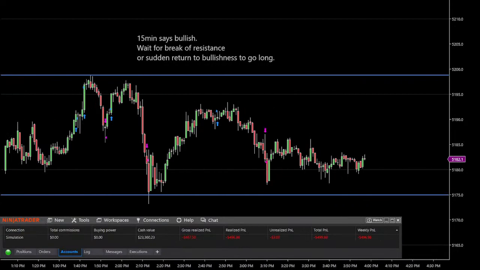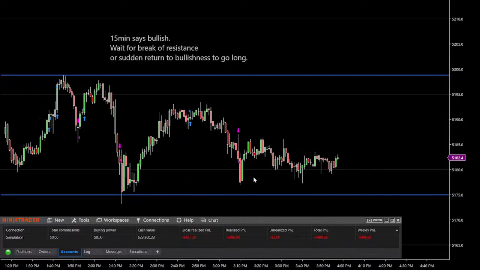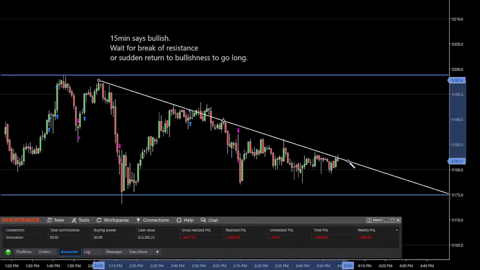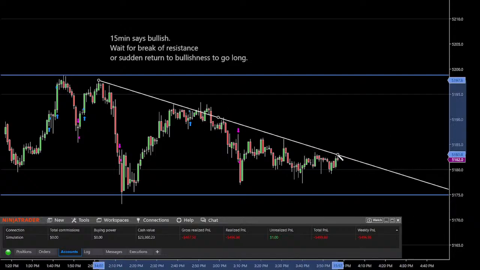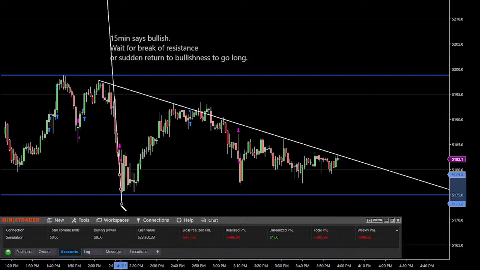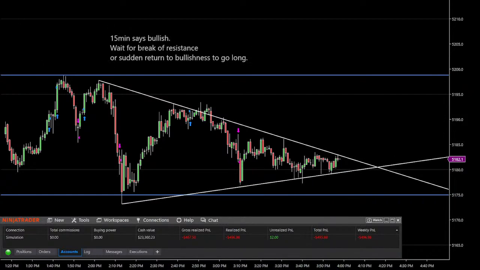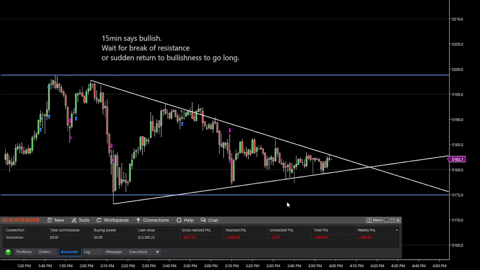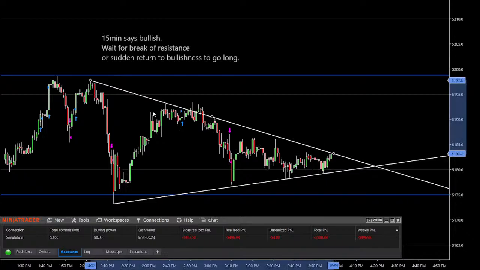It is consolidating. It's what some people would say is a triangle or wedge or something, which does imply the possibility of a break of that structure. But I think triangles are actually pretty stupid, because let's say that goes up here, it hasn't necessarily broken a triangle.